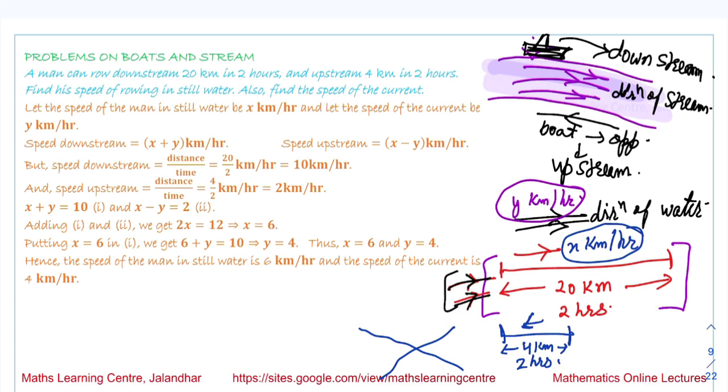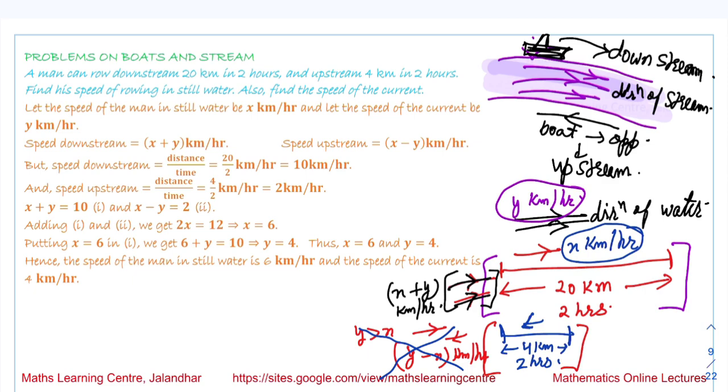It means the total speed over here will be x plus y kilometers per hour. When the man is moving upstream, the stream is moving in one direction and the man is moving in the other.